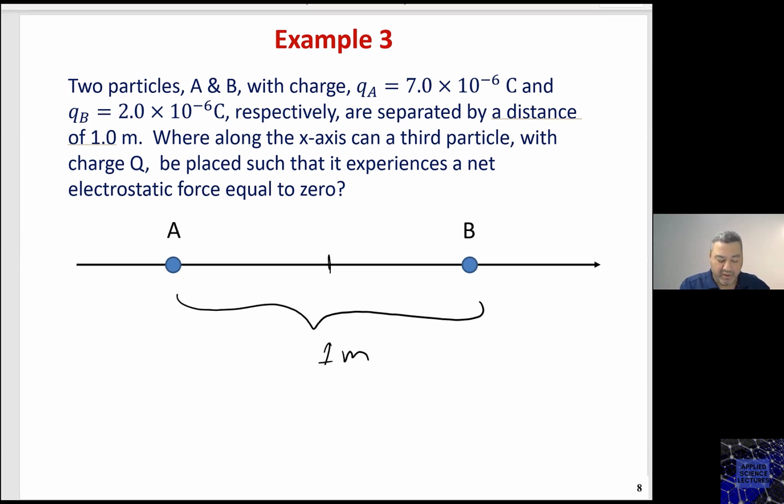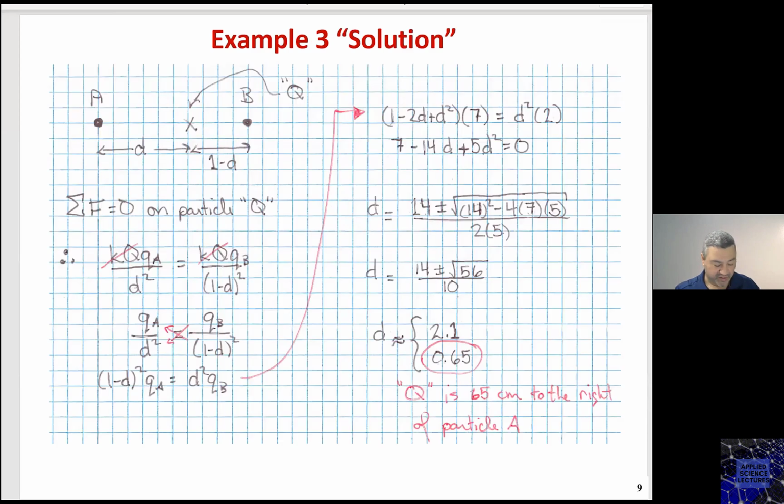It will be far from the high charge, closer to the lower charge, and this is where we got this point. 0.65 meter is the point where if I put any charge in here, positive or negative, the net force on that charge would be 0. Again, the solution is also written here for you.